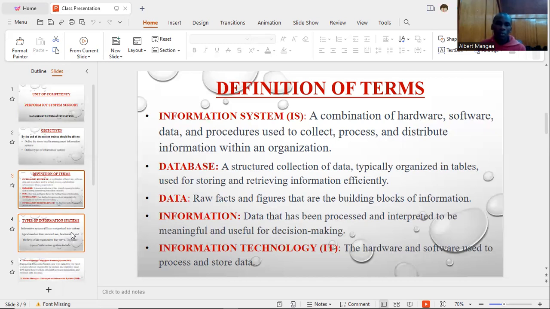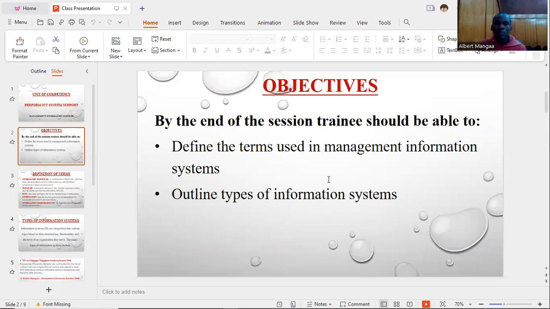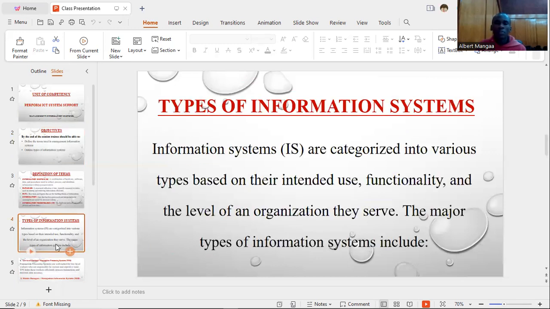And so we will go direct to our second objective, which we had said earlier was to outline the types of information systems. After understanding a few terms used in management information systems, now we need to outline the types of information systems. These information systems are categorized into various types based on their intended use, functionality, and the level of an organization they serve.